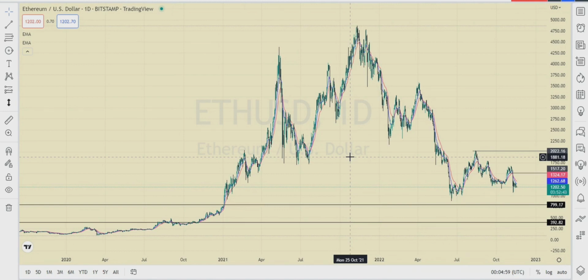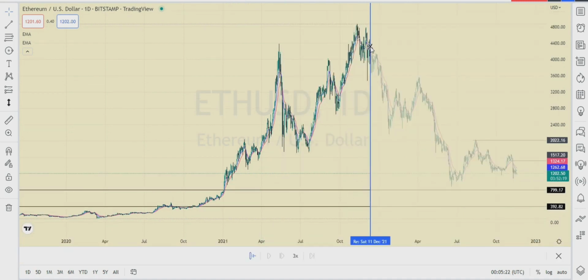You have to train your eyes to be able to see it, identify it, and trade it. So let's look at how you can apply it in a bullish market first, then we'll look at how you apply it in a bearish market, and we'll be using Ethereum USD for both demonstrations.